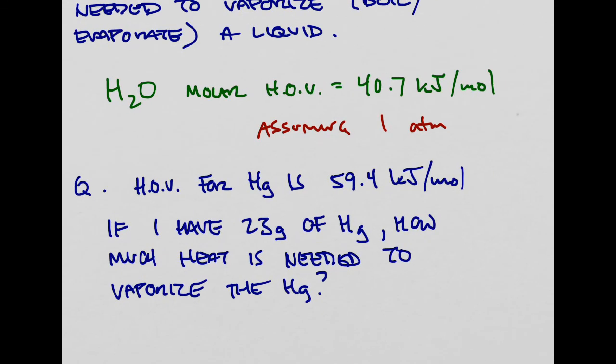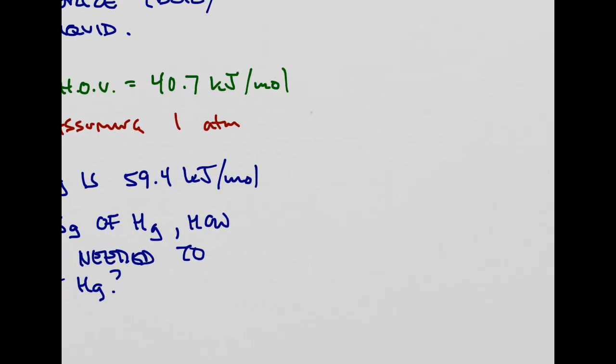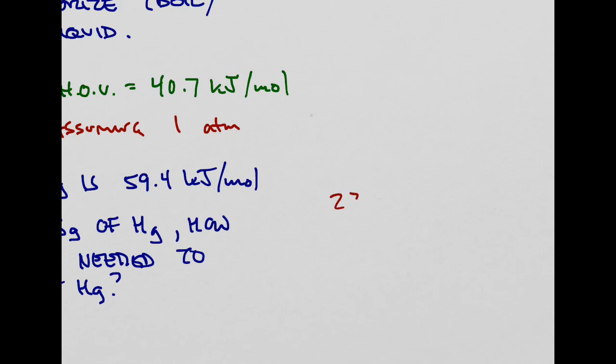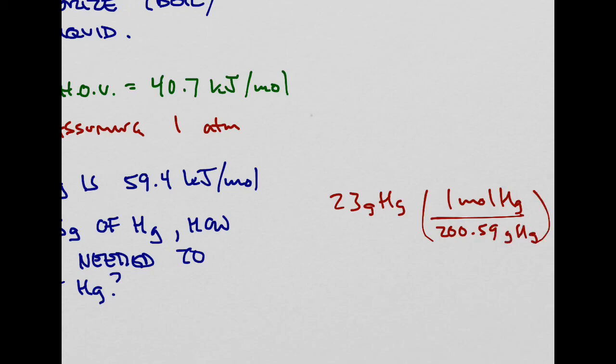So whenever you see these problems, I know you all know that you need to go through moles to get there. And if that's the case, and I know I have 23 grams of mercury, and I know that 1 mole of mercury is equivalent to, and I would just look this up in the periodic table, 200.59 grams of mercury. That would equal 0.11 moles.